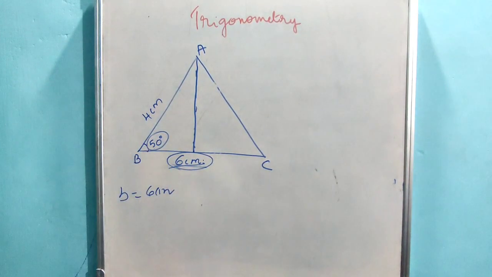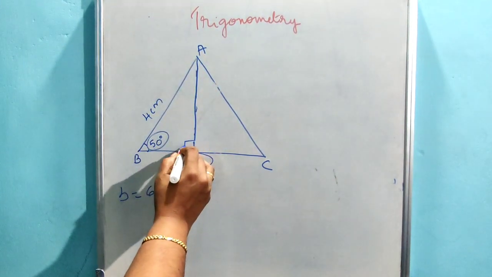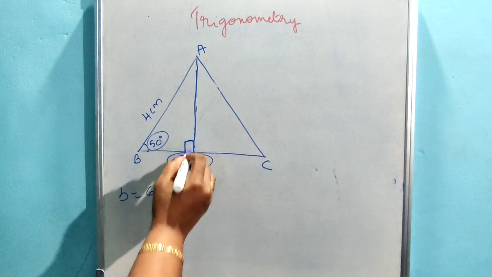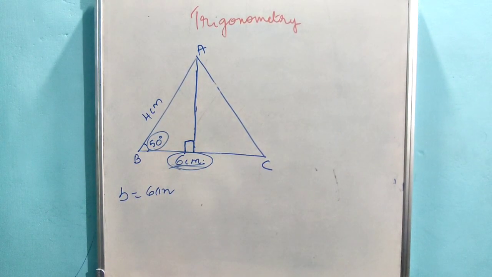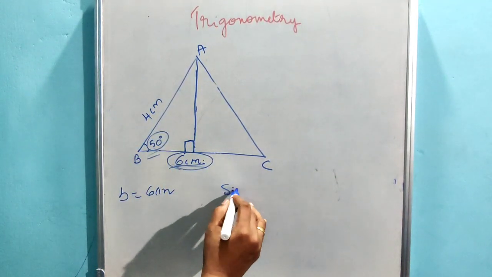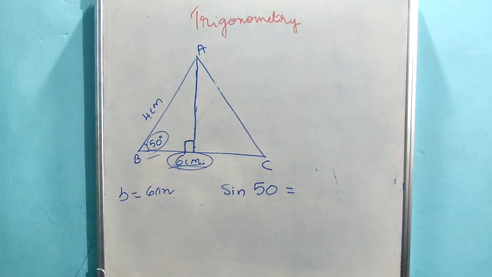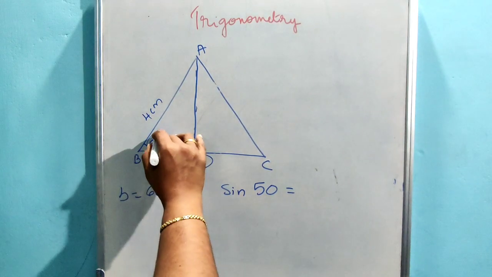Here we have an angle 50 degree, and if we draw a perpendicular, we get a 90 degree angle here, right? Then what is sine 50 in this case? Sine of an angle means opposite side by hypotenuse. Which is the side opposite to 50 degree?